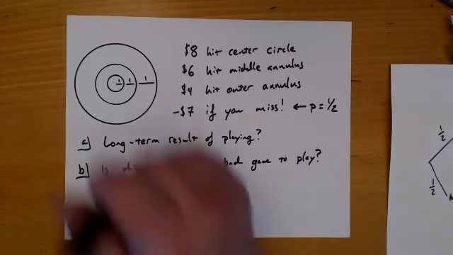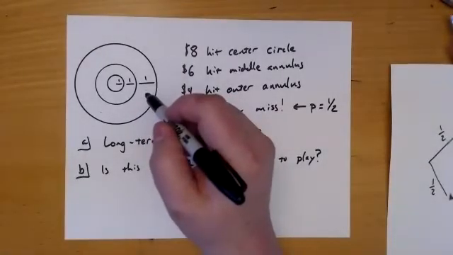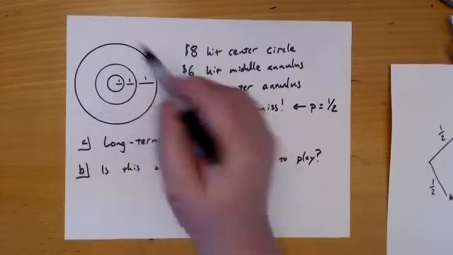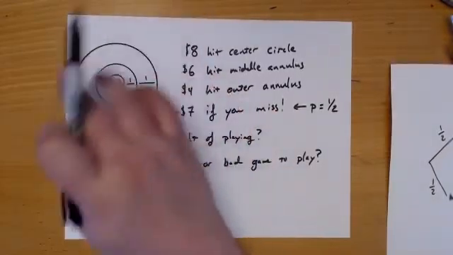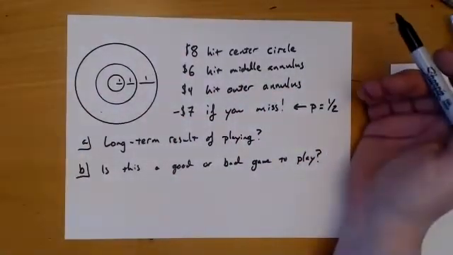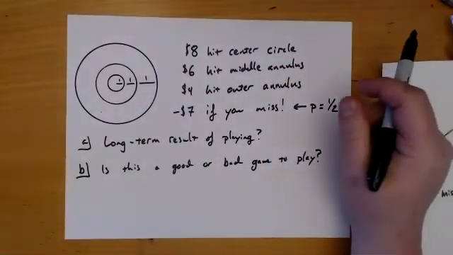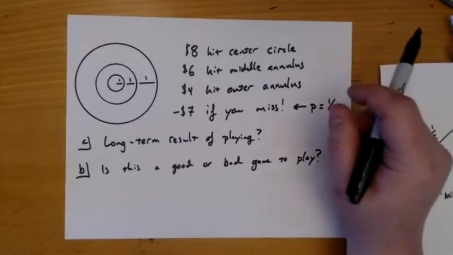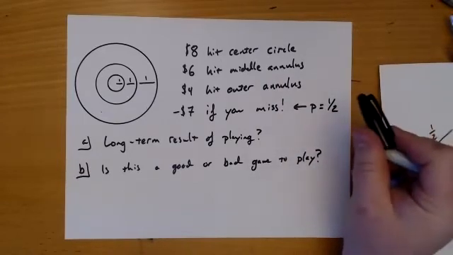If landing a dart anywhere in the entire circle, whatever ring it is, is totally random, which of these do you think is going to be hit the most? $4. It's the outer. Why? It's bigger.